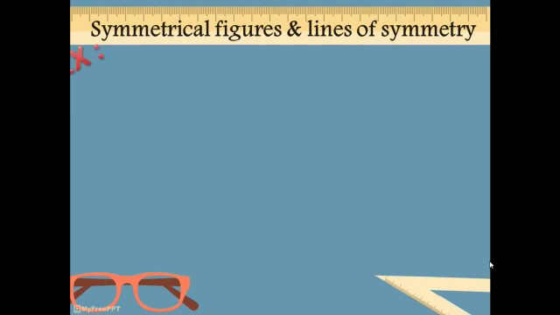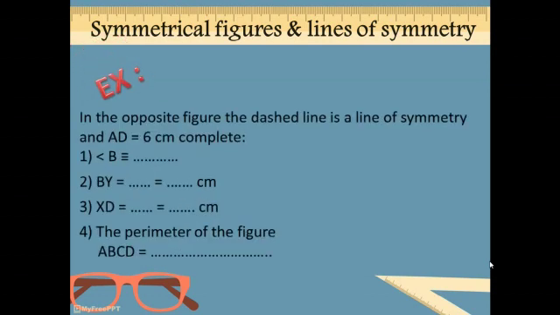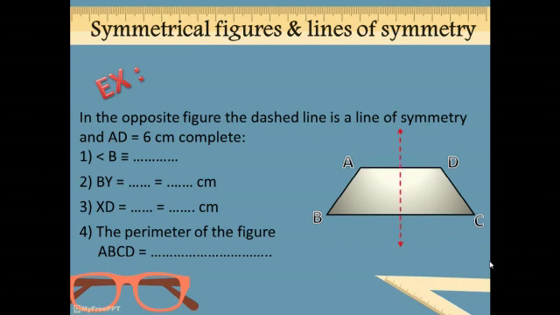Now let's move to another example. In the opposite figure, A, B, C, D. The dashed line, the red one, intersects side BC in point Y and intersects side AD in point X. This line is a line of symmetry and AD is equal 6 centimeters.